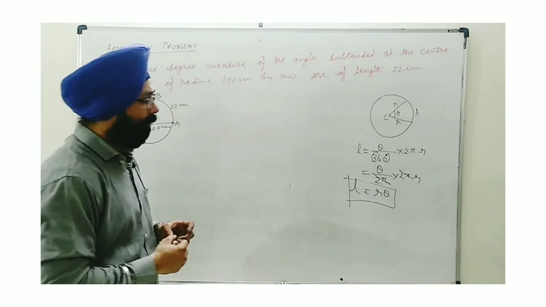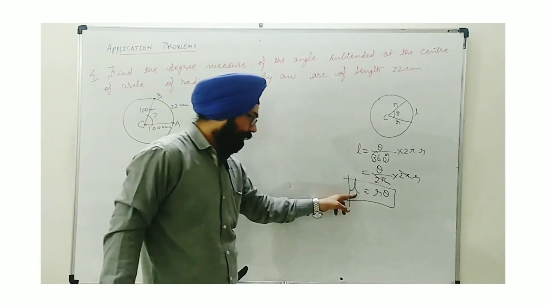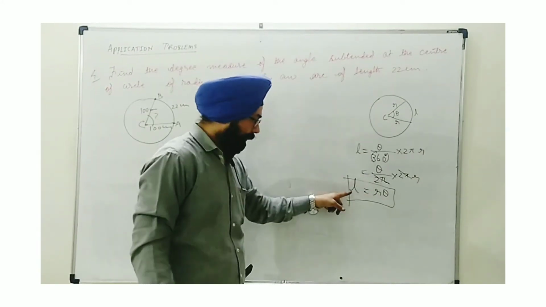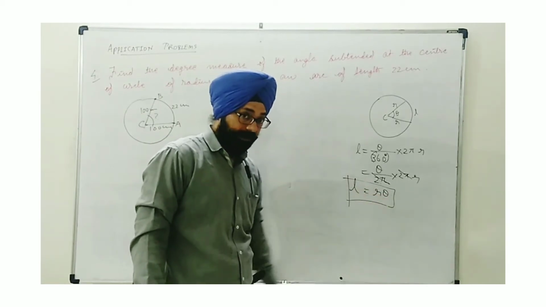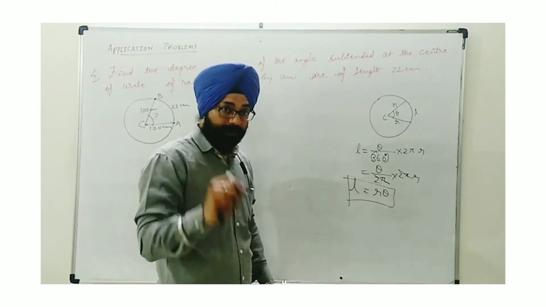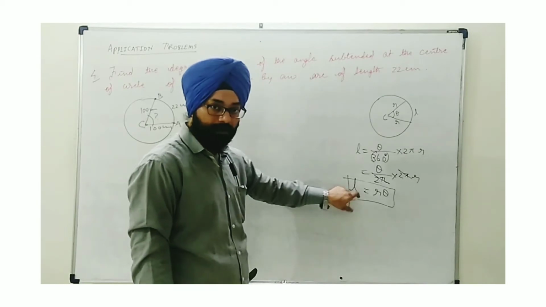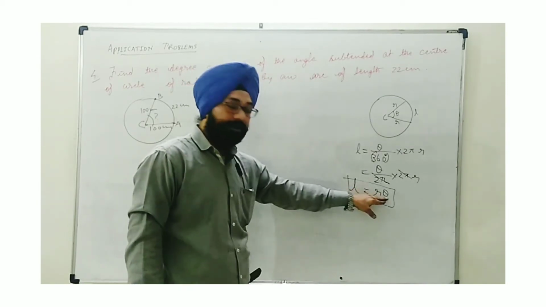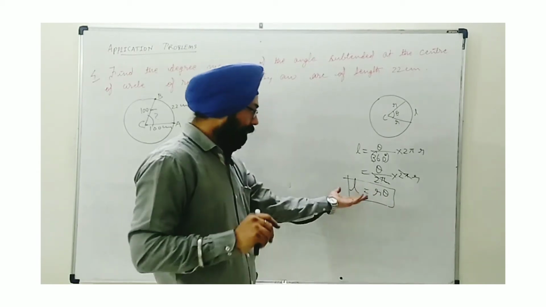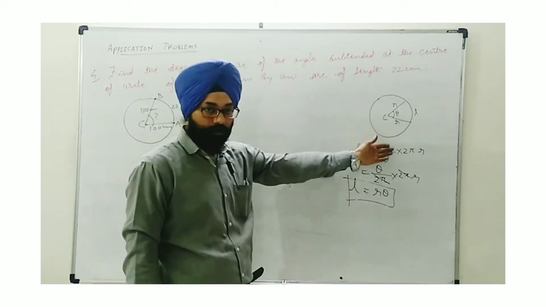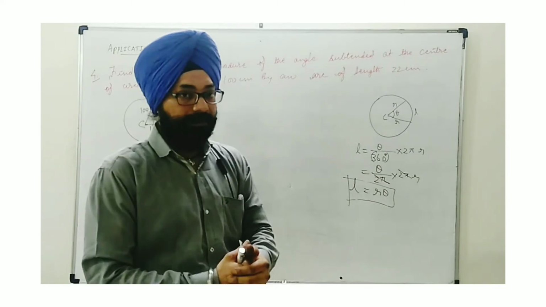This becomes a new relation in L, r and theta. Length of arc is L, r is the radius of the circle, theta is the angle subtended at the center. We have to be careful when using this formula: theta to be used will always be in radian. Then only we can use this formula, or otherwise you can go to the previous one which you have seen in 10th standard.